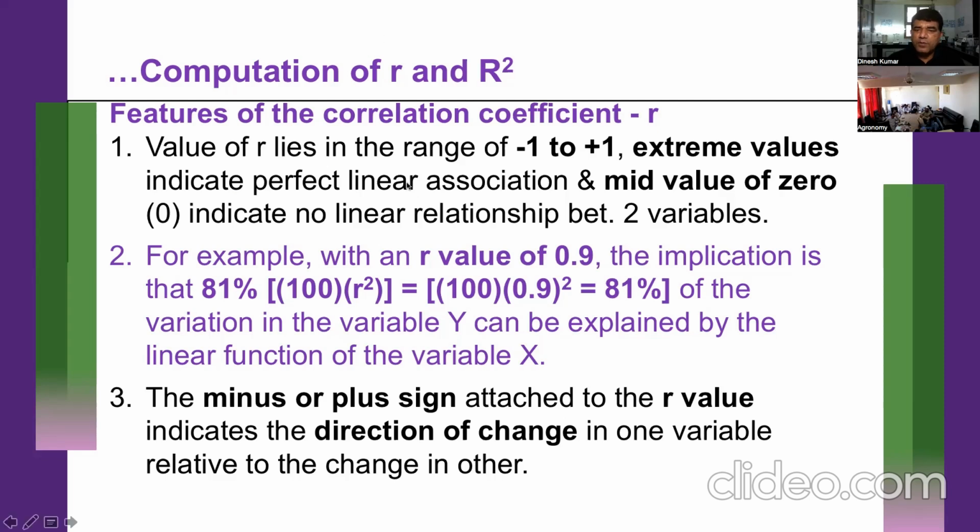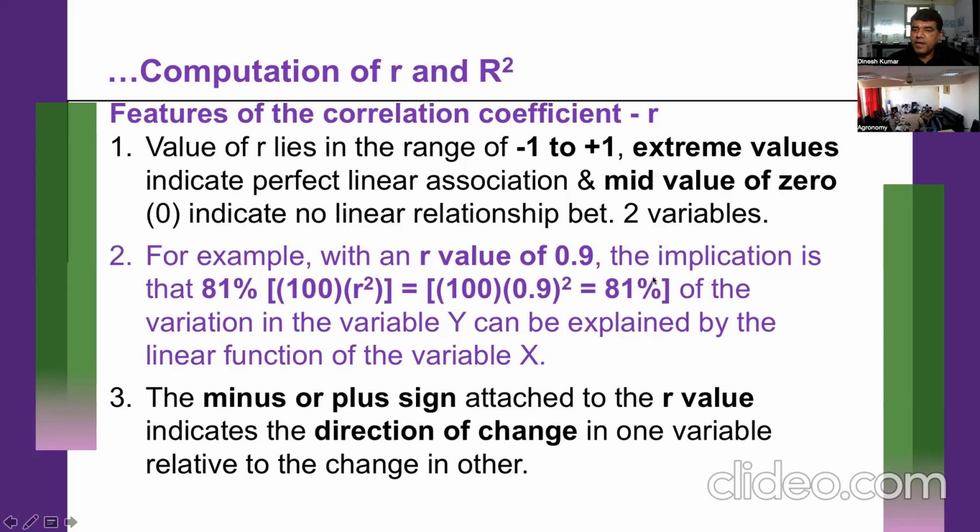Now this calculated R can be squared. For example, in the last case, we calculated the R value of 0.9. 0.9 was the correlation coefficient value. You square this value. So 0.9 into 0.9 becomes 81%.